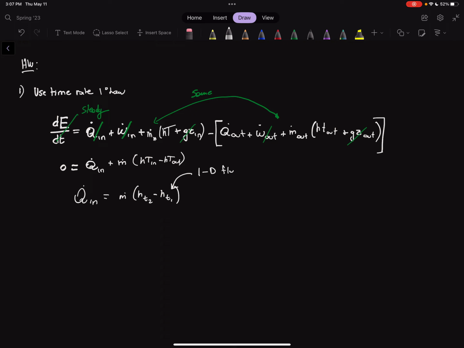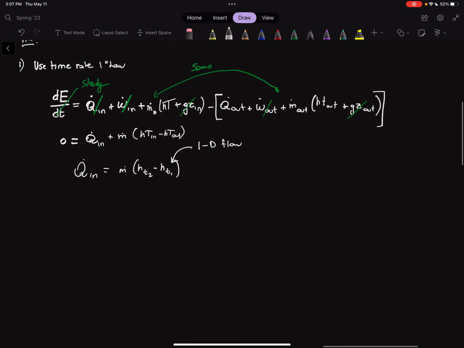Then from here, you can divide by m dot, so you would have q in dot divided by m dot equals HT.